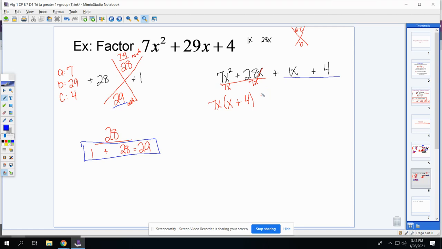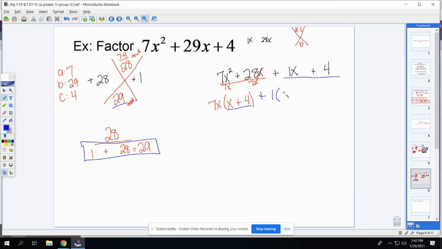So on the left-hand side here, we get 7x times x plus 4. We're hoping that these parentheses here look something like the other parentheses. However, I notice right here, x plus 4 looks really, really similar to what we already have, right? So I don't really want to change anything about this. And whenever I don't want to change something about what we have, I can factor something out that does not change it, and that something is a 1.